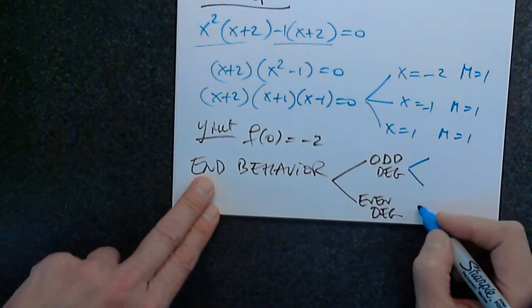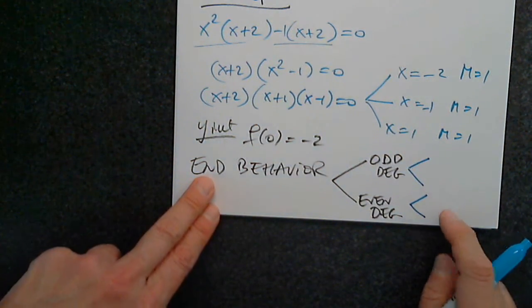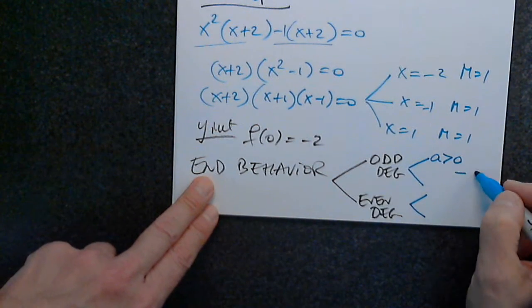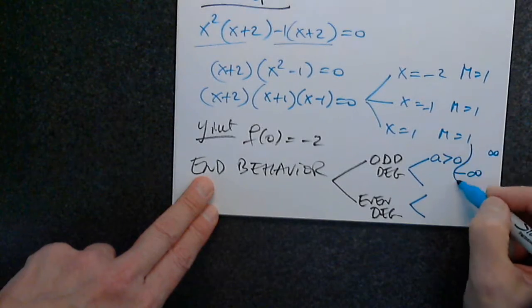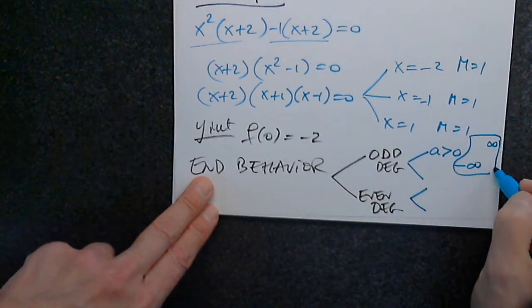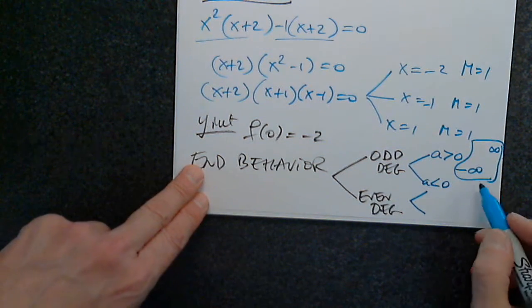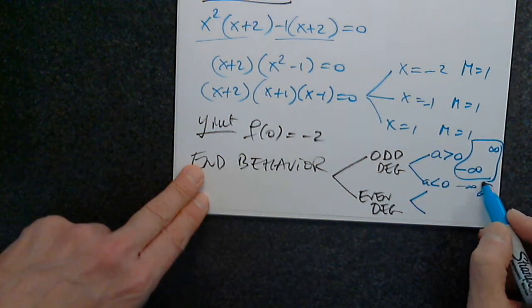So odd degree has 2 options. For a positive leading coefficient, it goes from negative infinity to infinity. This is the rule. For a negative leading coefficient, it goes from infinity to negative infinity.